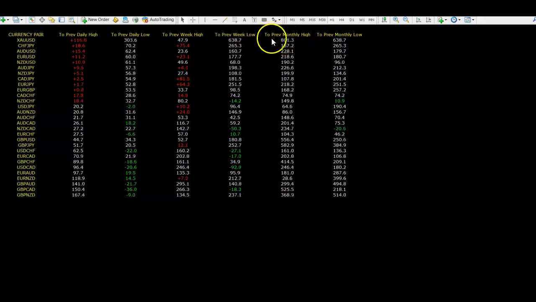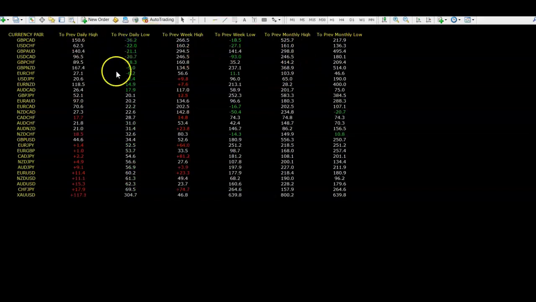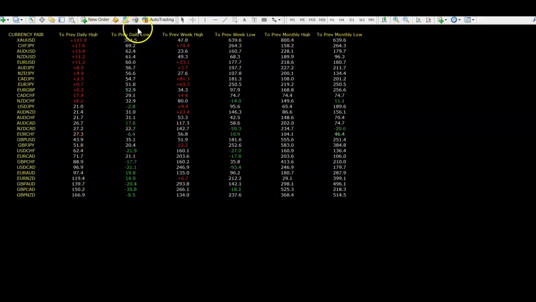It's 800 pips above last month's high, and it's 600 pips above last month's low. So very, very powerful. And for each time frame you can put them in order if you want to see that at the top or the bottom.